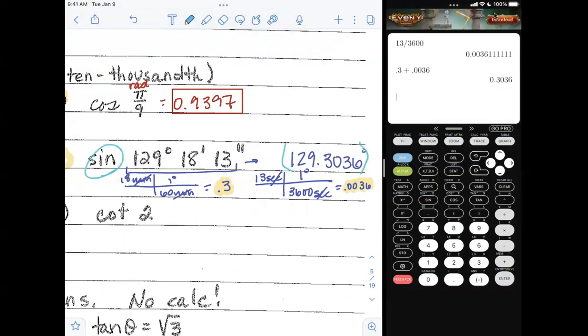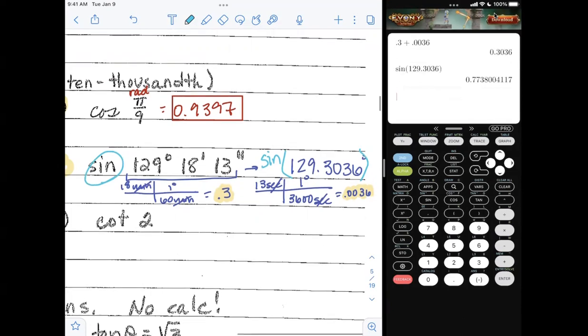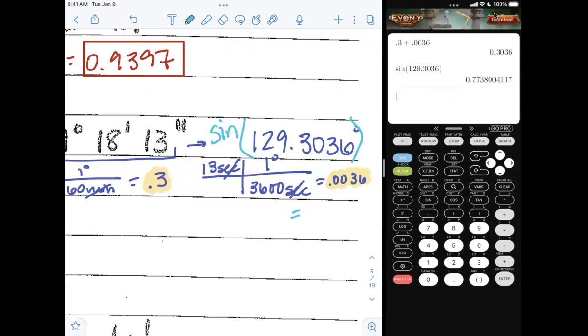So we're going to press in our calculator sine of this number, sine of 29.3036. And we've been in degrees because I was in degrees earlier. You can always press your mode and double check. And we're going to press enter. And we get 0.7738. Okay.